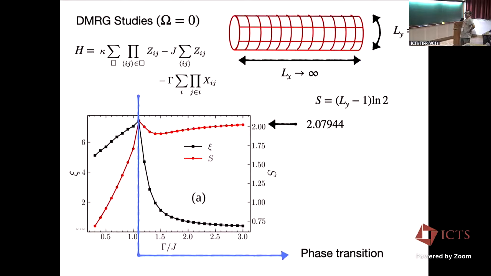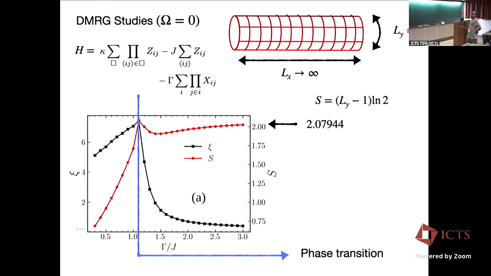So of course, this Hamiltonian no longer remains exactly solvable. You can put it on a computer. In particular, we did DMRG on cylinders which are infinite in one direction, but with a perimeter of 4 in the transverse direction.